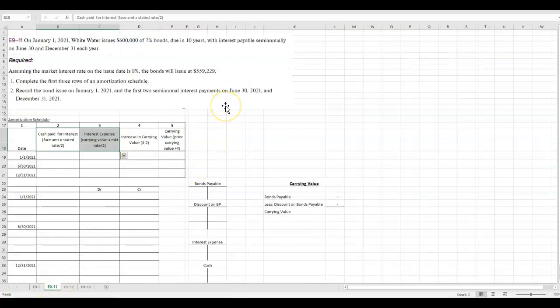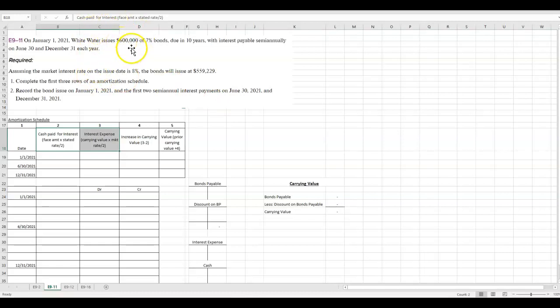One of the most common types of long-term liability in big business is bonds. A bond is simply a loan, but bonds are usually issued in increments so that many people can purchase the bonds. It's not like borrowing $600,000 from the bank all at once.